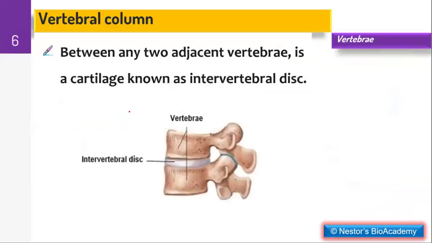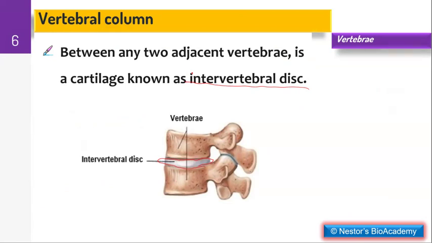So between any two adjacent vertebrae, we always have a cartilage. This cartilage is always referred to as the intervertebral discs. This is the cartilage we find here. So they are not arranged in direct contact end to end, but instead we always have a cartilage found in between any two adjacent vertebrae.